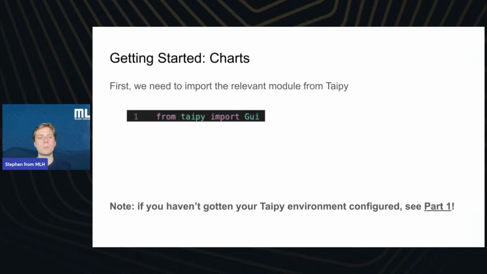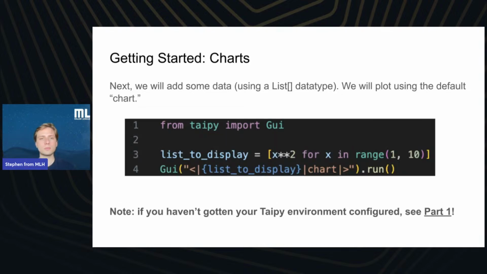But all right, so let's go back to our charts here, and as I mentioned, we're importing the GUI module, and we're going to add some data to this chart. We can't plot anything unless we have some data. So the way that the Taipy documentation suggests that we build this hello world is by doing a list and plotting that list.